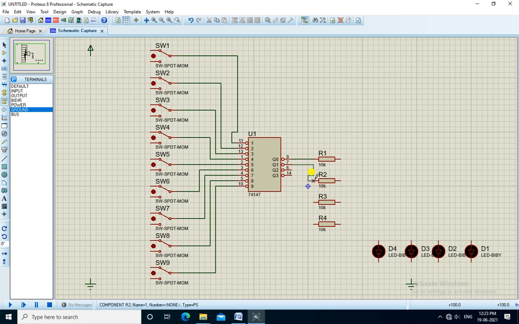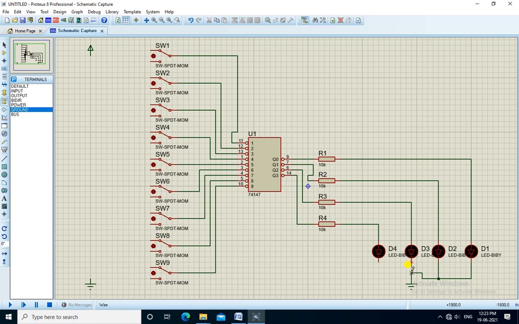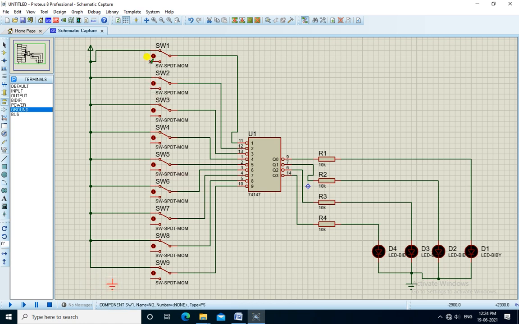We will connect the LEDs. We connect the switches to plus VCC, and the other terminal of the switch to ground.